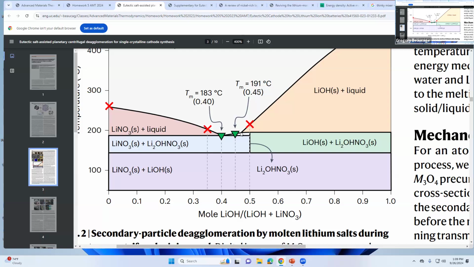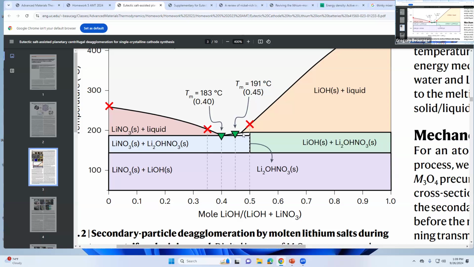So once you have that composition, then you slow cool some more. And then all of a sudden, you're at almost a 50-50 mixture of liquid and the intermediate phase. So you're going to start making this intermediate phase. At the beginning it's almost 50-50, with a little bit more intermediate than liquid. But as you go down, you get more and more intermediate and less liquid until there's no liquid, right?